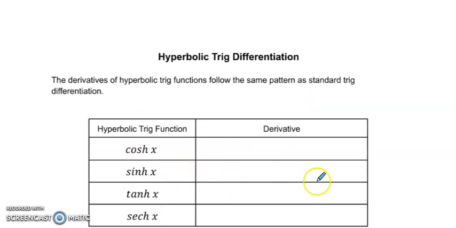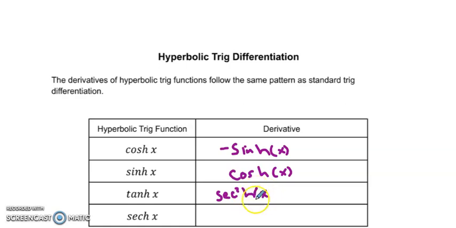On the next page, we talk about differentiation. The derivative of cosh x is just sinh x, which is exactly as you would expect since regular cosine differentiates to negative sine. Sine differentiates to positive cosine, so hyperbolic sine differentiates to hyperbolic cosine. And just like tangent goes to secant squared, hyperbolic tangent goes to hyperbolic secant squared.